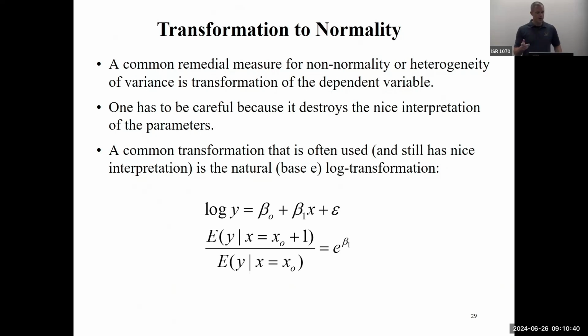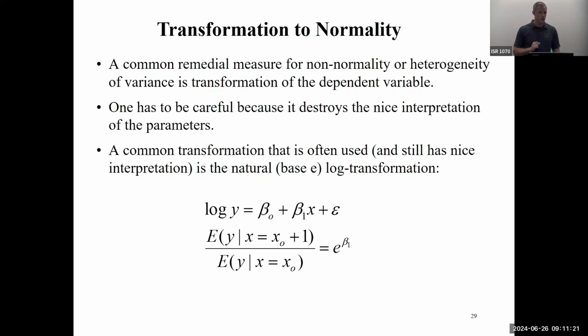So this shows what a simple linear regression model with just a single predictor would look like if, instead of modeling the actual variable y, we modeled the natural log transformation of the variable y. The key thing to note here is that the regression parameters really are now on a multiplicative scale when you take that natural log transformation. As a predictor variable increases by 1 unit, the mean of the dependent variable is multiplied by a certain quantity, not the actual regression coefficient, but the exponential of that regression coefficient.